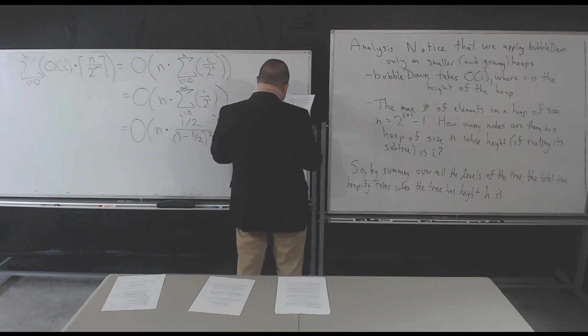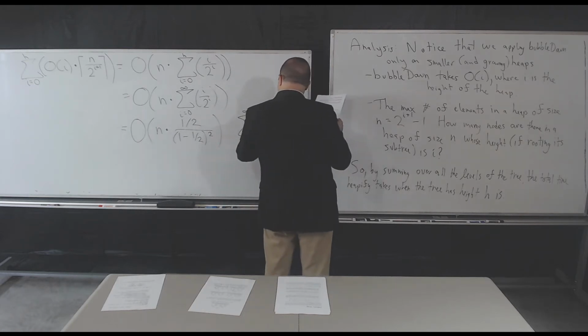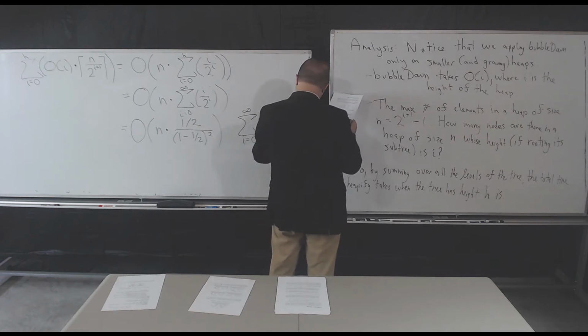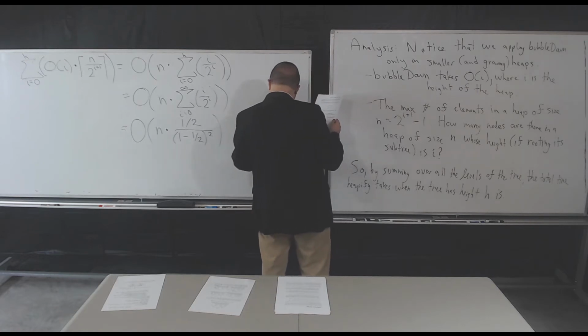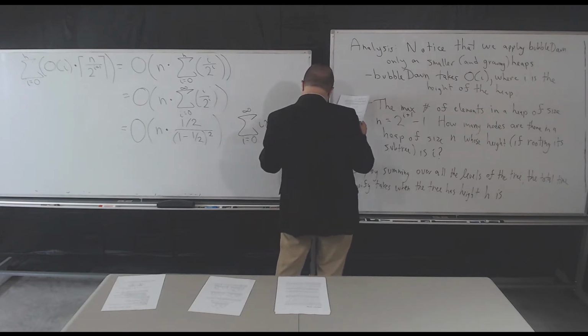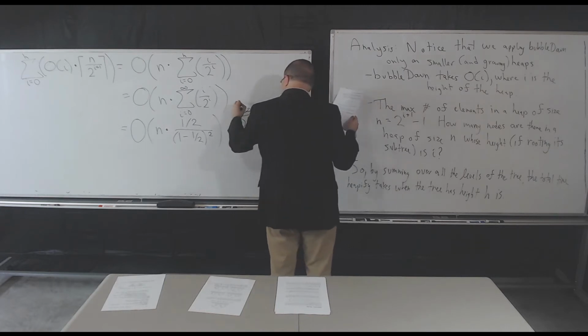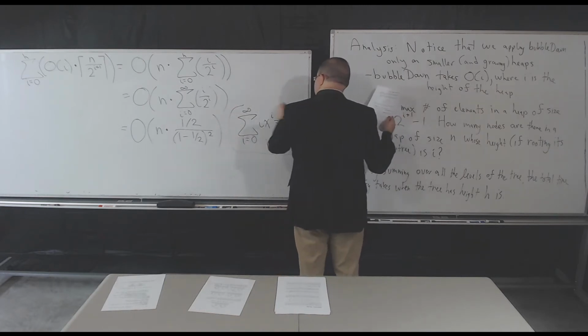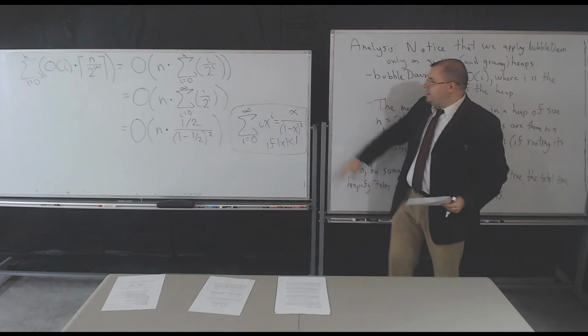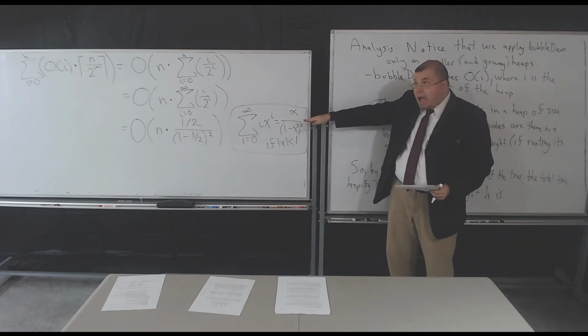Now it's worth noting that this comes as a result of the following infinite sum of i times x to the i, which is equal to x over (1 - x) squared. And note that this is true if the absolute value of x is less than 1. So this is what I'm using to get this. So this is an infinite sum that does indeed have a value.